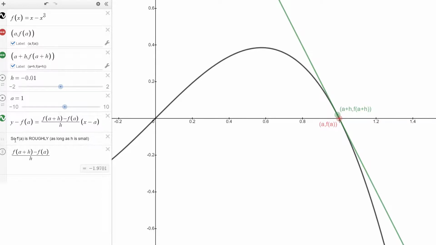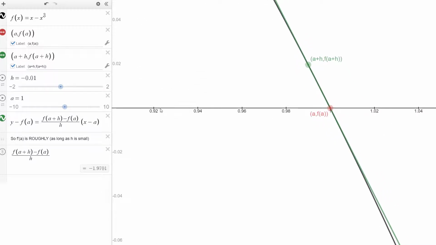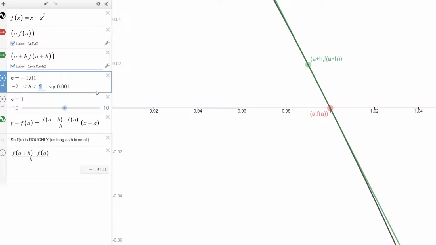But if h is really, really close to 0, then f of a plus h minus f of a all over h is an approximation of the derivative at a.